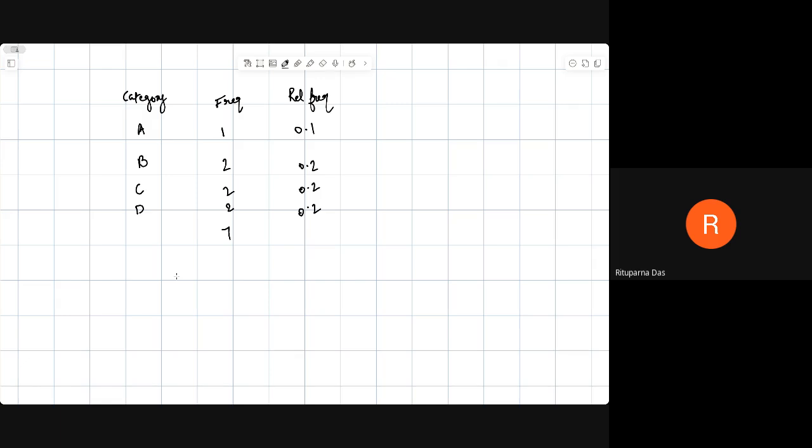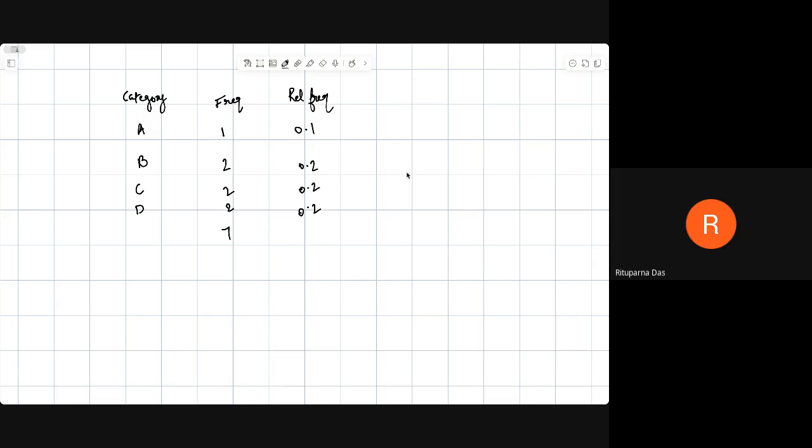Ma'am, like if one is occurring two times and two is also occurring two times, then its mode will be frequency one. No, the category A has frequency one. I'm just saying if one occurs two times, like in A and also in B, and two is occurring in C and D, then its mode will be one and two both, right?